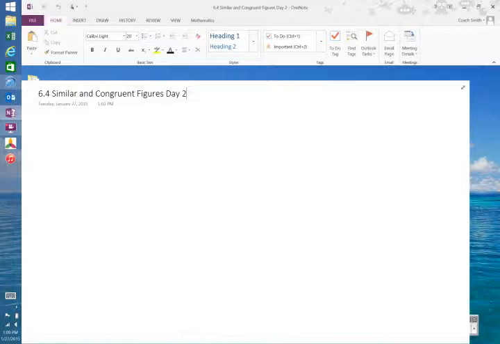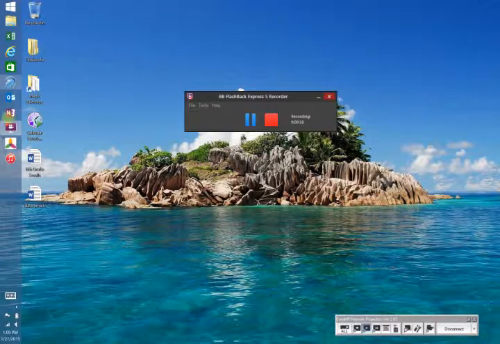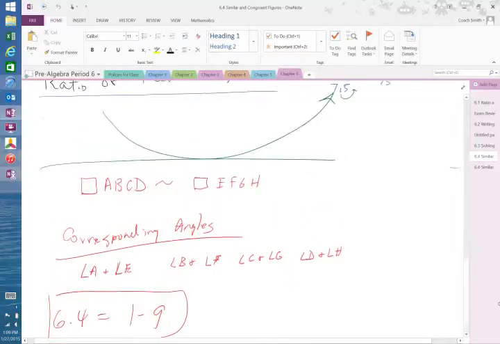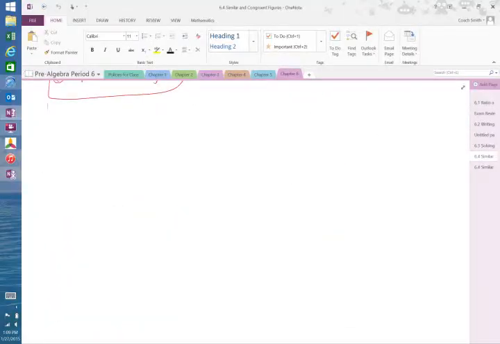All right. Yesterday, see where we left off yesterday. Okay, corresponding. Okay, so I didn't cover those. Okay. So, day 2, I want you to look at page 291.